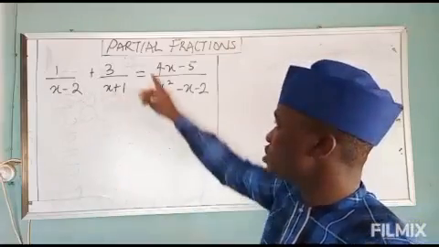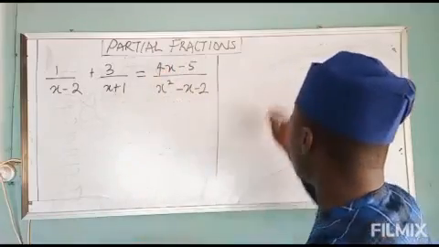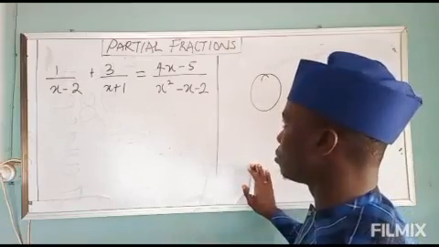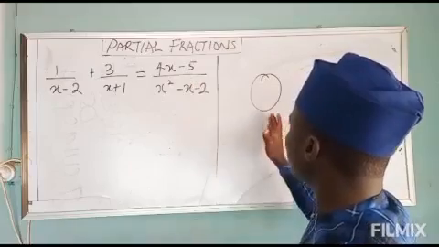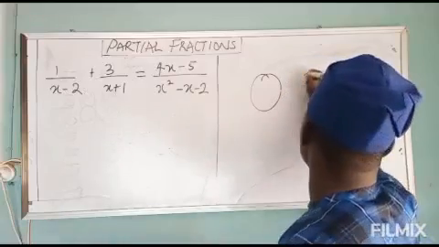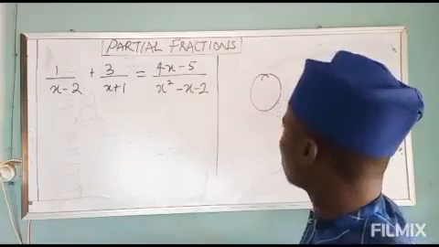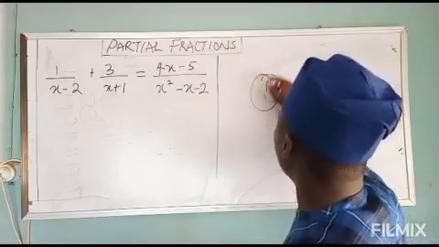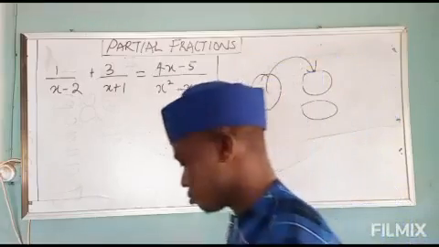They can also say you should decompose this single fraction, that is, break it into its simplest form, so that it will be in the form of this. Understand? So from here back to this is what we call partial fractions.